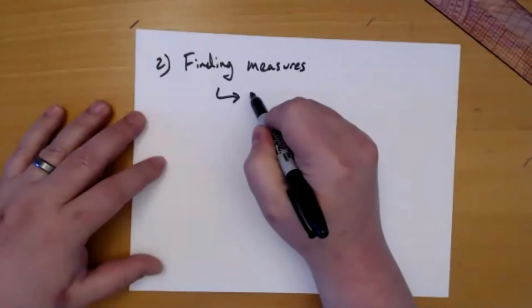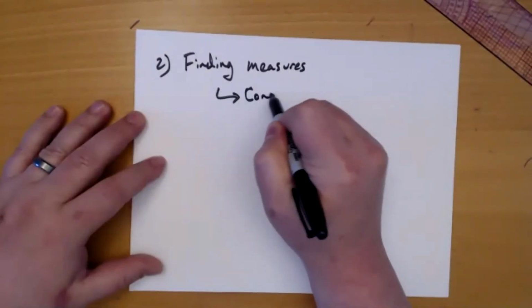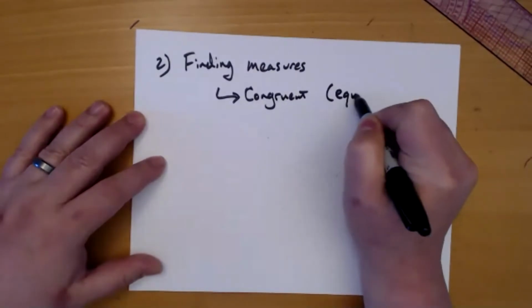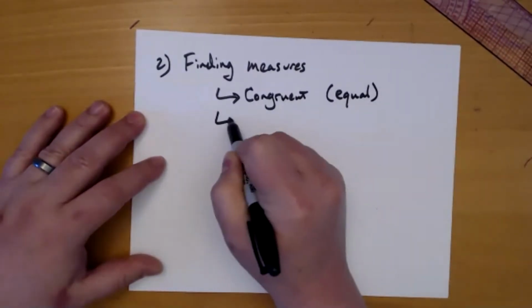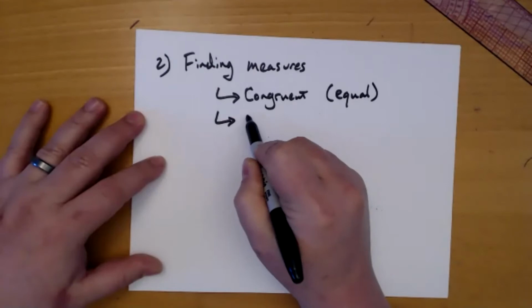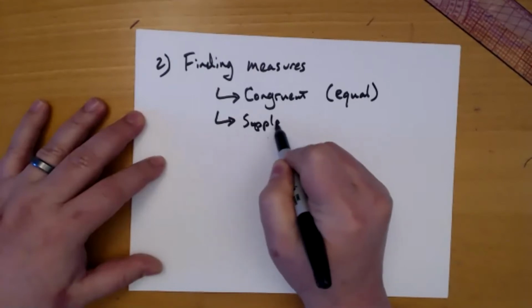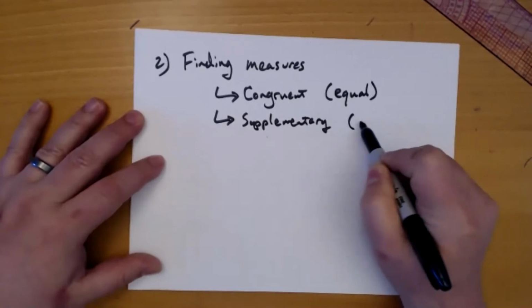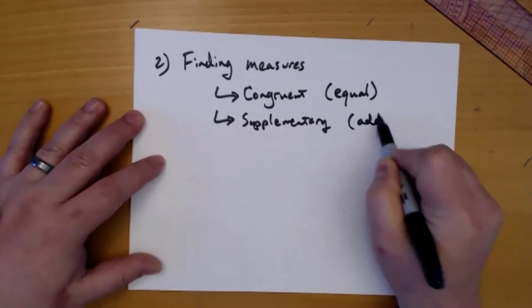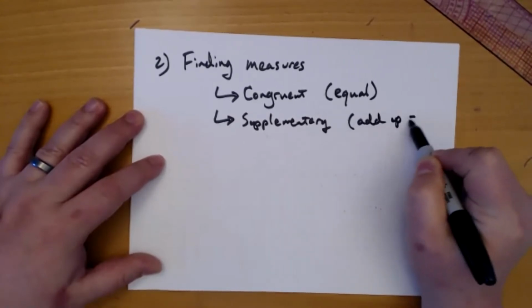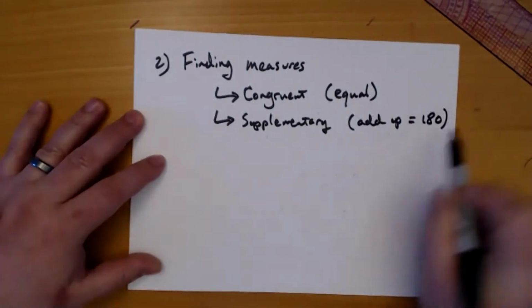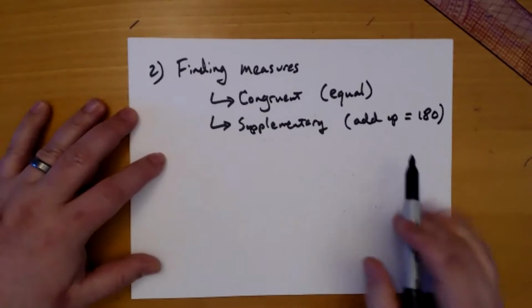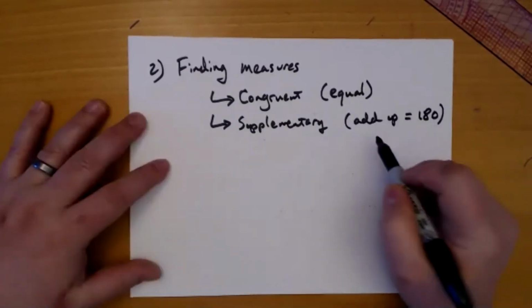Things are either congruent, which means they're equal, or supplementary, so you add up and equal 180. These are not solving of equations. All you're really doing is subtracting from 180.